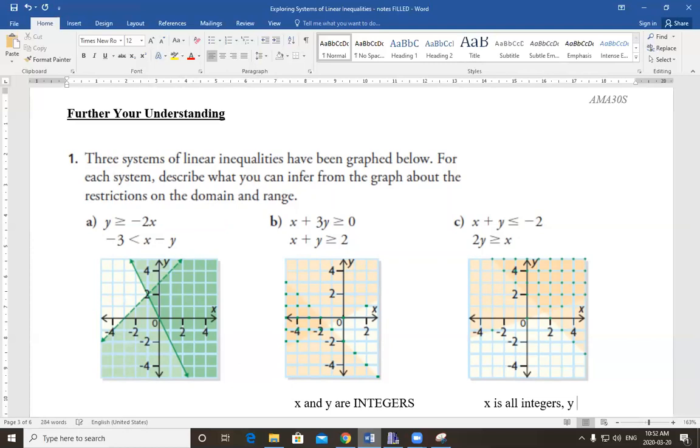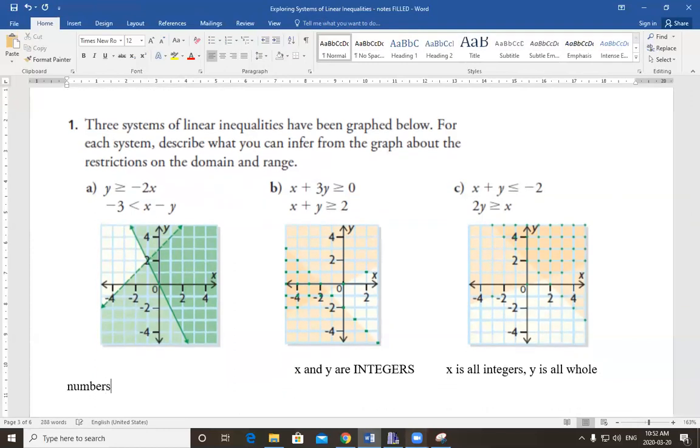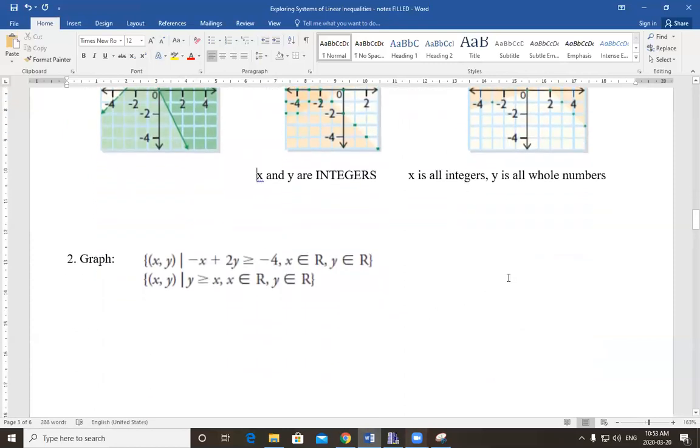Y is all whole numbers. I'm writing this in words. I'm not using the set symbols just for this. So you can go X, element of I, and Y, element of W if you wanted for the set notation. As you see here, X element of R, Y element of R.